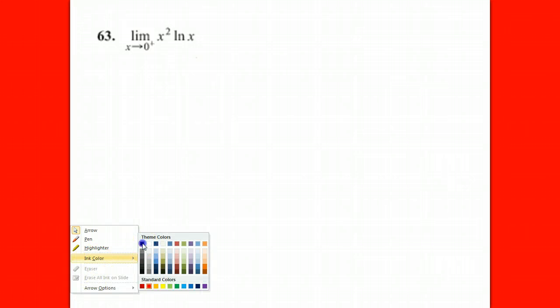It's very important you recognize what type it is, because that's going to give you your recipe on what you should do. I have it in the notes laid out exactly what type it is and then what to do. What do you do for an indeterminate product? You create a fraction by taking f times g and making it f times 1 over g.